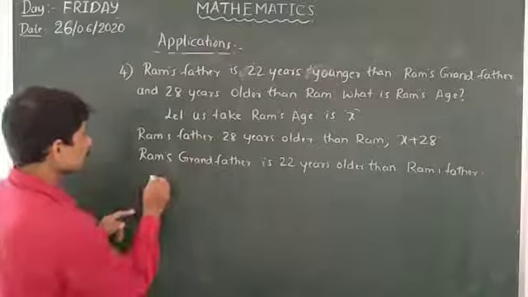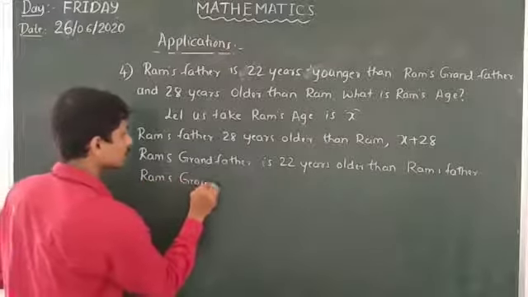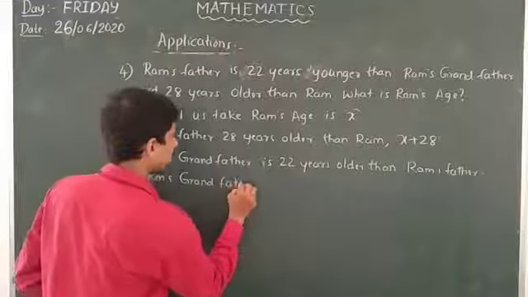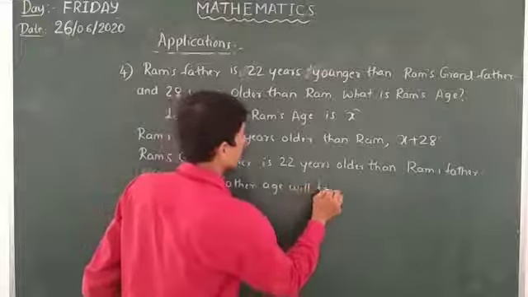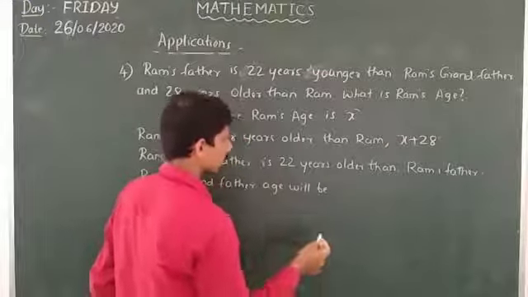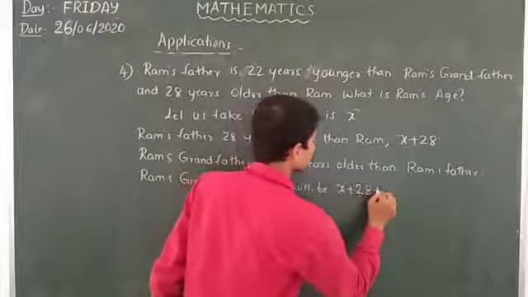So Ram's grandfather's age will be x plus 28 plus 22.